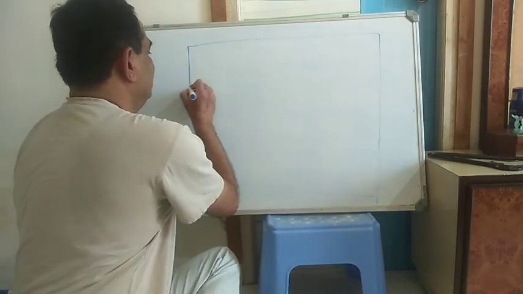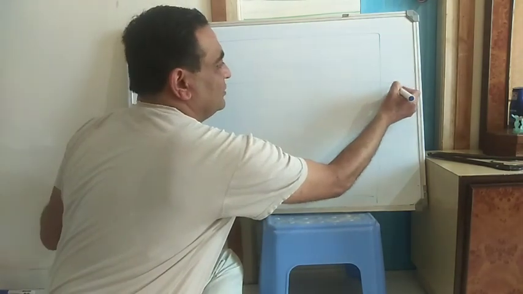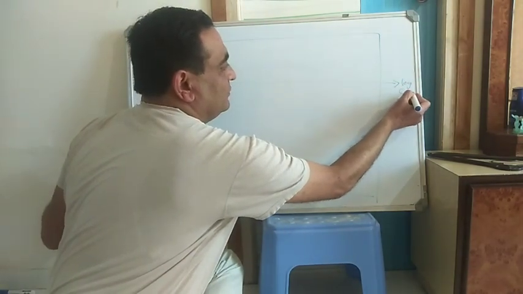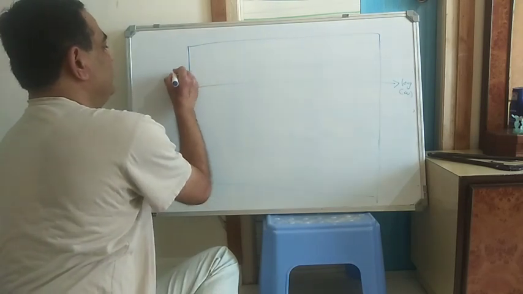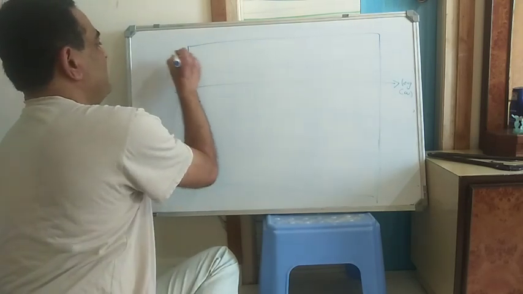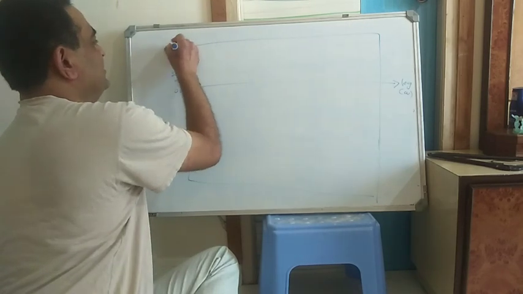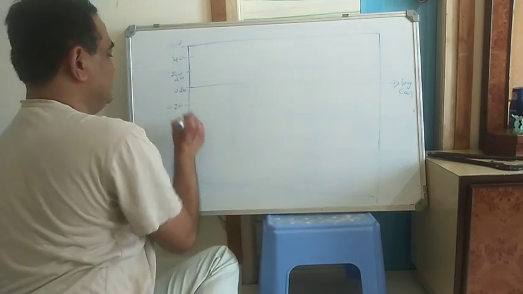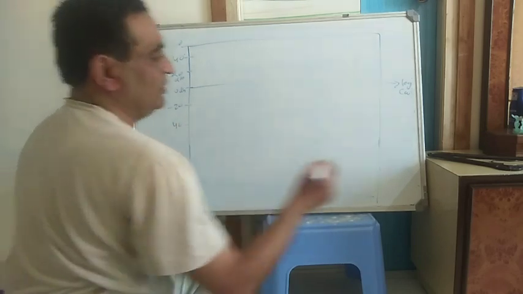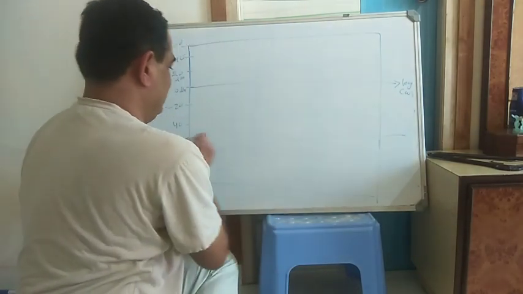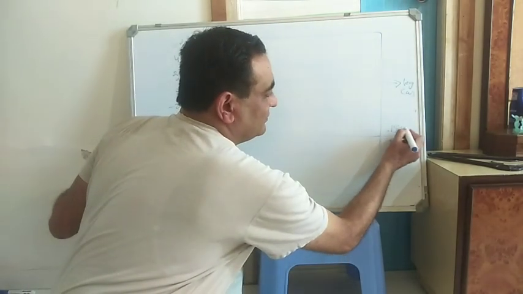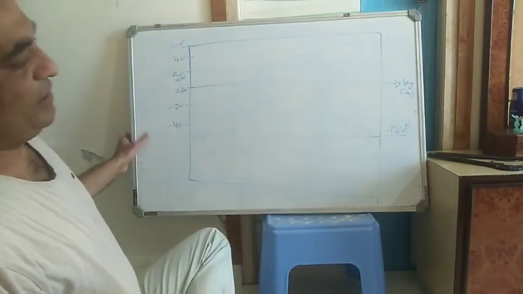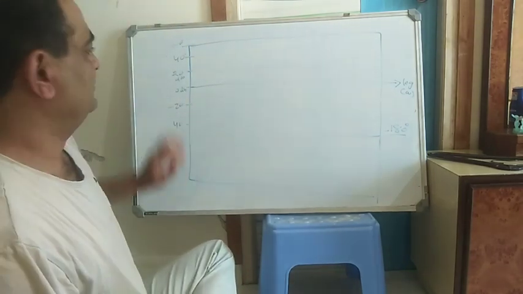Let's say this is the 0 dB line, and log omega on the axis. This would be 20 dB, this would be 40 dB, this would be 60 dB. This is minus 20, minus 40. I have a minus 180 degree line. Okay, this is the minus 180 degree line.